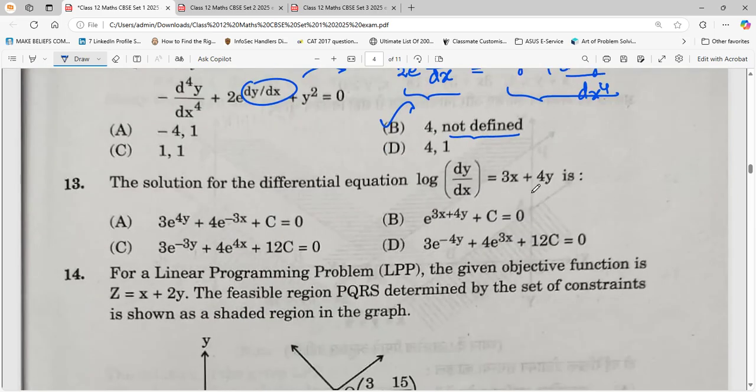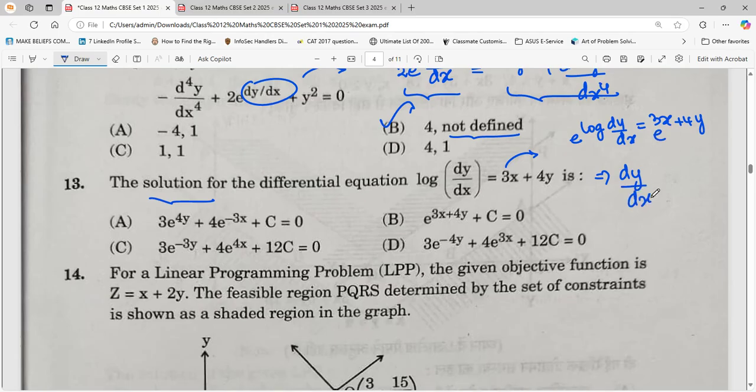For this question, what you can do is they're asking for the general solution, all the terms contain C in them. So what I'm going to do is I'm going to raise both sides to the power of e. So e power log of dy by dx is equal to 3x plus 4y, and that becomes dy by dx equal to e power 3x plus 4y.